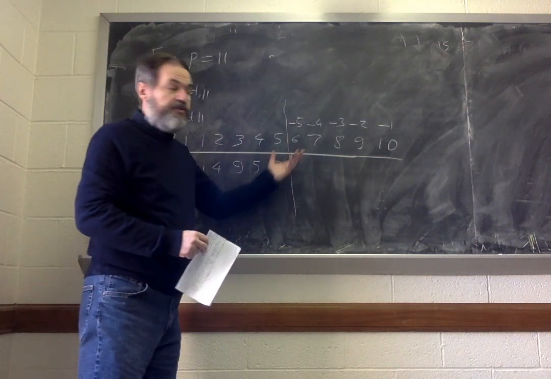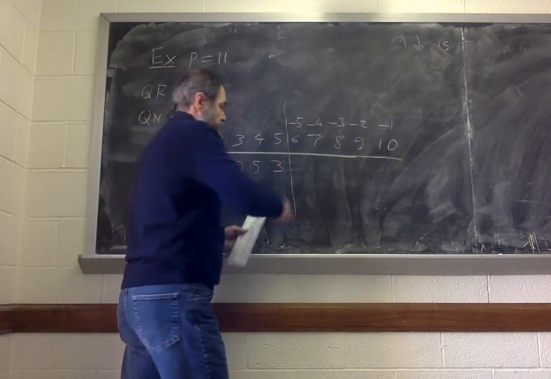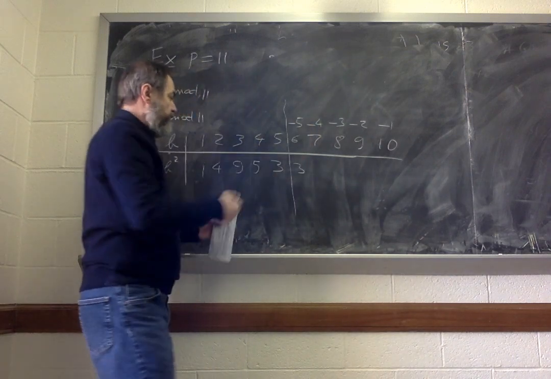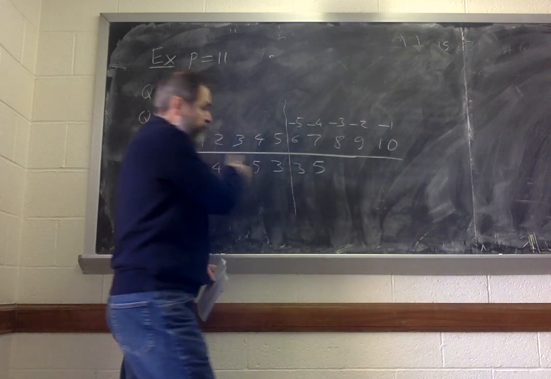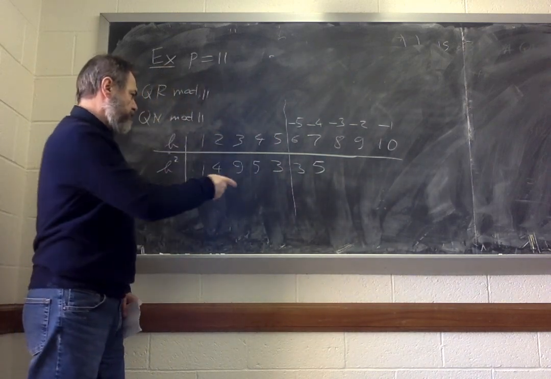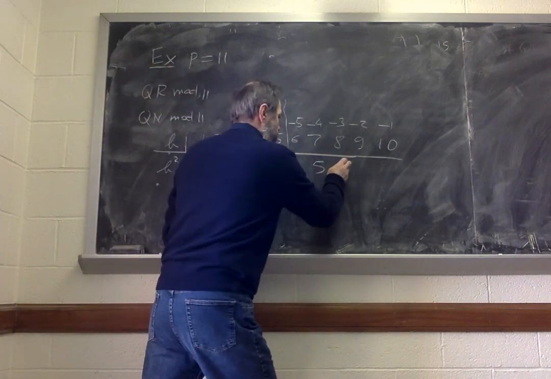Then minus 5 squared is still congruent to 3, minus 4 squared is congruent to 5, and so on. Same numbers in reverse order: 3, 5, 9, 4, 1.